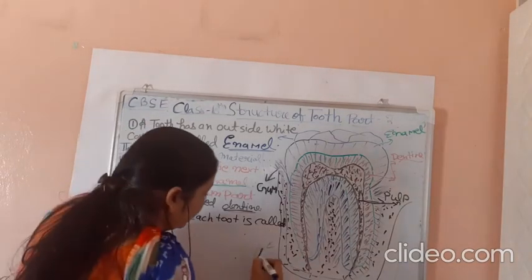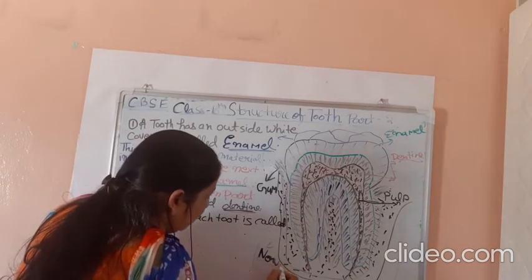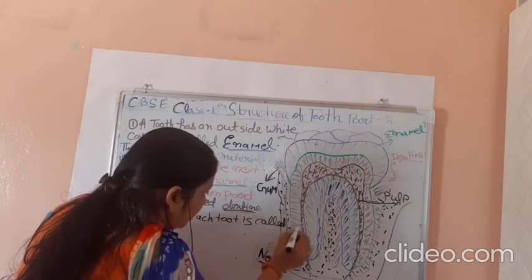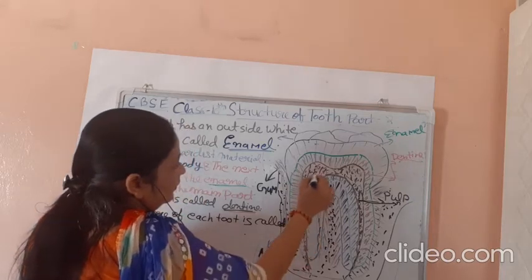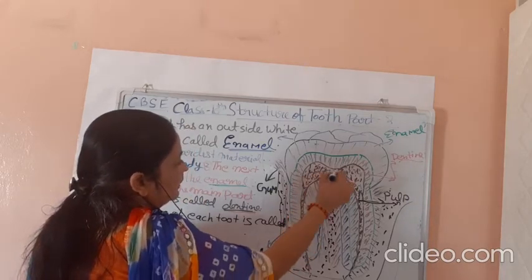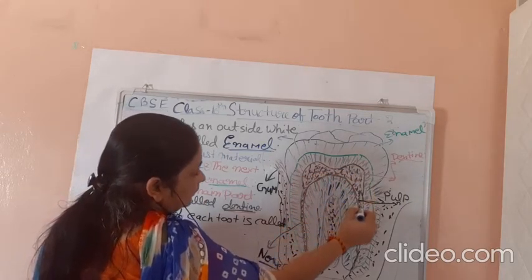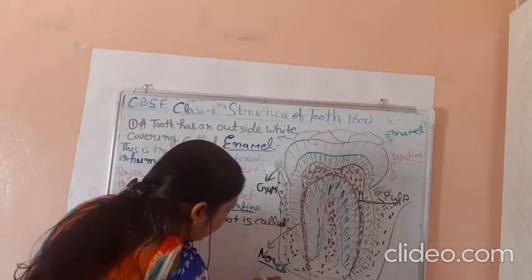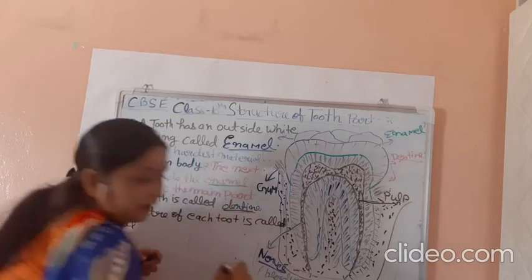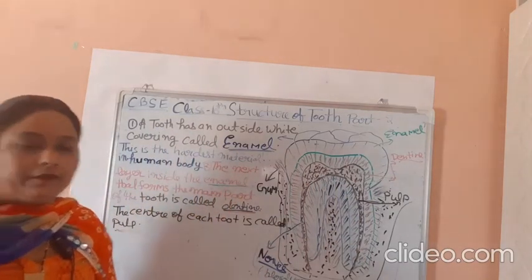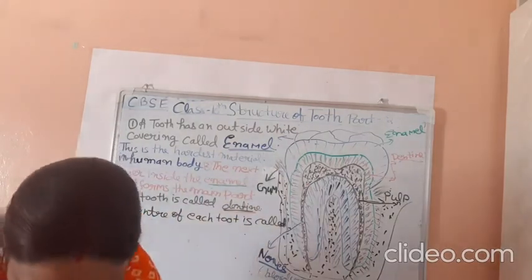Here, these are the nerves. The pulp has blood vessels and nerves in it.